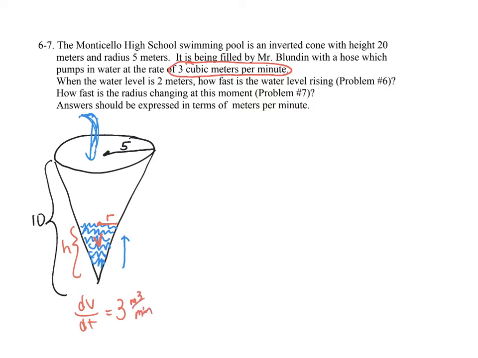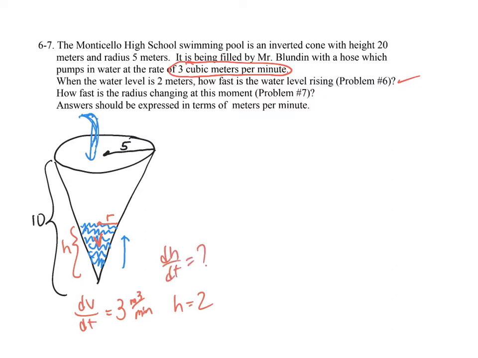Okay, now for number 6 here, we are told that the water level is 2 meters at the time that we're interested in. So that means h equals 2, and we are asked to find the rate at which the water level is rising. So we're asked to find dh/dt.